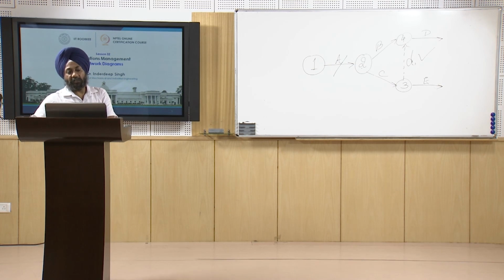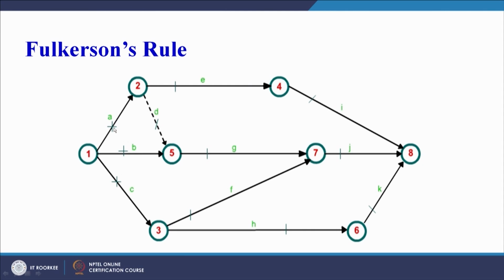Let us now try to see an example on your screen. I have tried to explain it on the whiteboard. Event 1 has no activity entering, and only 3 activities are starting from it, that is A, B and C. Now you strike off A, B and C and try to see a node in which there is no activity entering but only activities or arrows coming out.